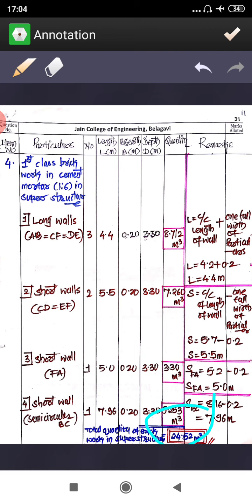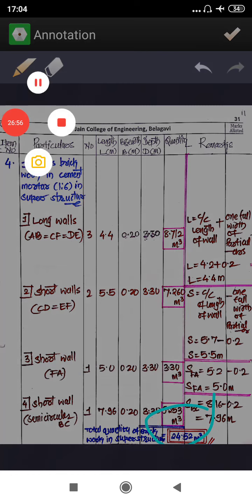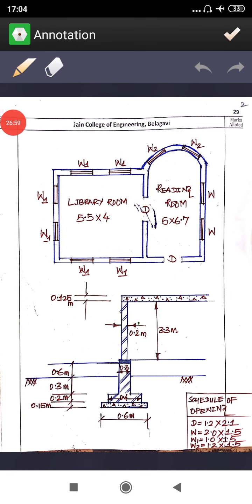Now if you see the plan, you can observe the openings there, so we have to do the deduction for the openings. If you see this plan, you can easily get the openings. The schedule of openings is given here, then you are supposed to count the numbers.